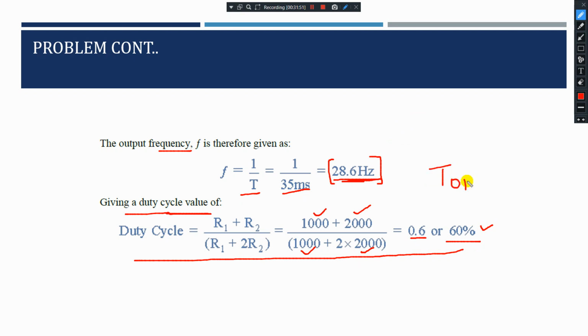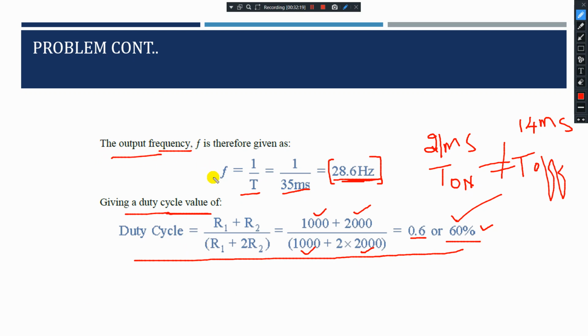T on is not equal to T off because T1 was 21 milliseconds and T off was 14 milliseconds, which is nothing but 35 milliseconds in total. So this is not equal, and that is why it is a 60% duty cycle. Okay. So this is how we are going to find the frequency and duty cycle. Understood?